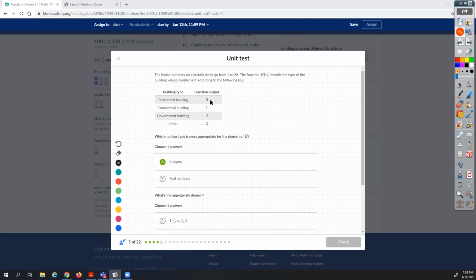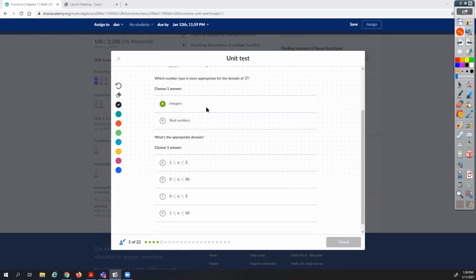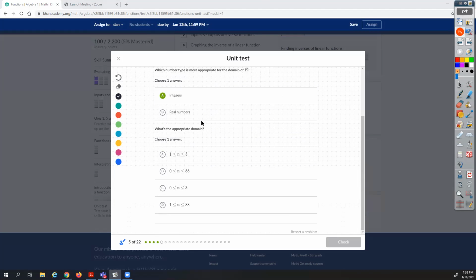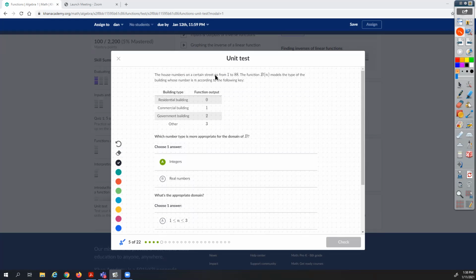So it goes from 0, 1, 2, 3. So the appropriate domain is, let's see, the house numbers on a certain street go from 1 to 88. The function b of n models the type of the buildings whose number is n.